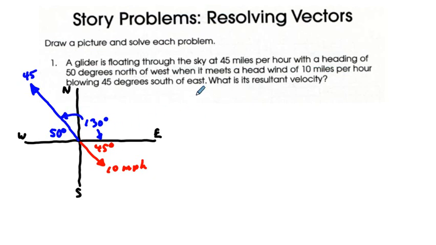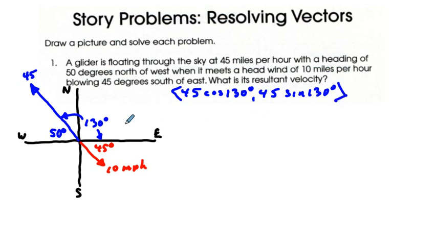And so for this vector, what we have here is 45 cosine of 130 degrees, and then comma, 45 sine 130 degrees.